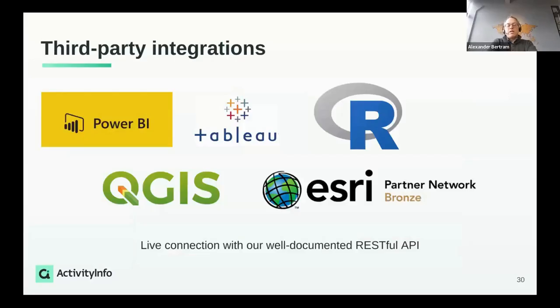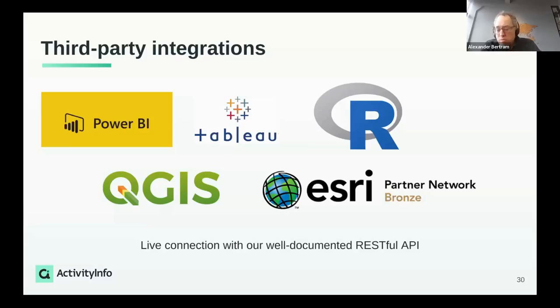Lastly, I want to mention that while we're committed to building out ActivityInfo's internal tools for analysis, we support really good integration with a bunch of external tools. So if you prefer to use Power BI, Tableau, or R, for example, we've got you covered. We have a great API integration, which makes it easy to create that live connection between the software.